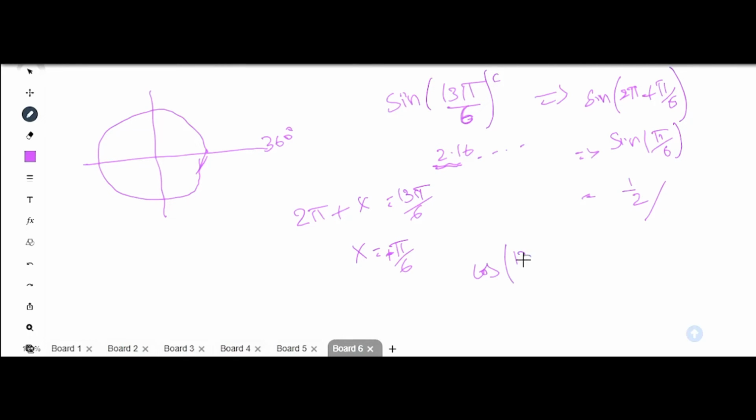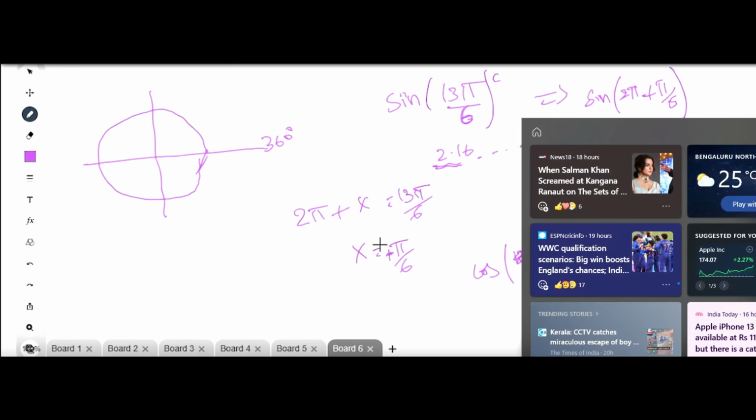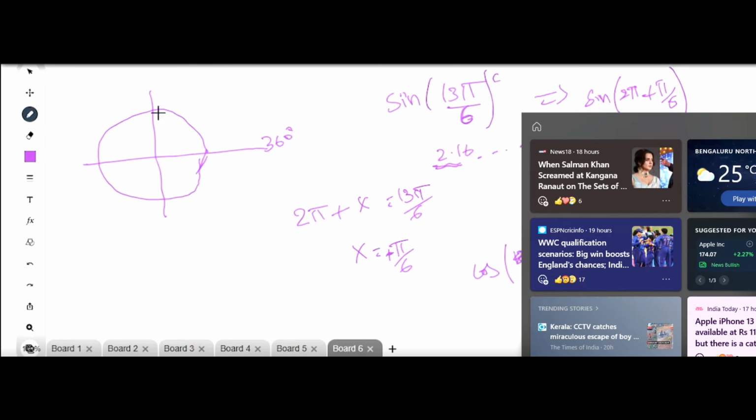Can you do the same for a different angle? Cosine of 480 degrees. 480 minus 360 is 120.